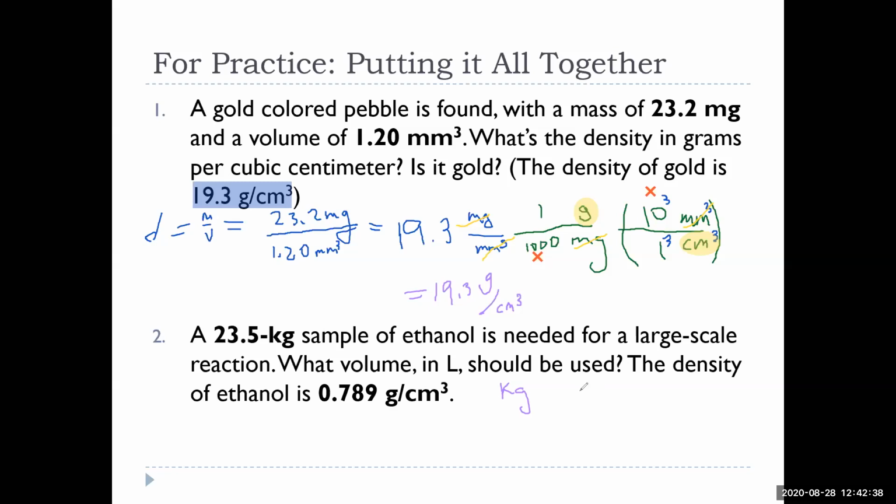So maybe we need to go from kilograms to grams, and then we can get to cubic centimeters. They're asking for the volume, which cubic centimeters is a volume, but we're asking for it in liters. So maybe let's go to milliliters and then to liters. So here we go. Kilograms to grams, grams to cubic centimeters, switch over to milliliters, and then lastly, get to liters. 4 arrows in our map means we're going to have 4 conversion factors along the way.